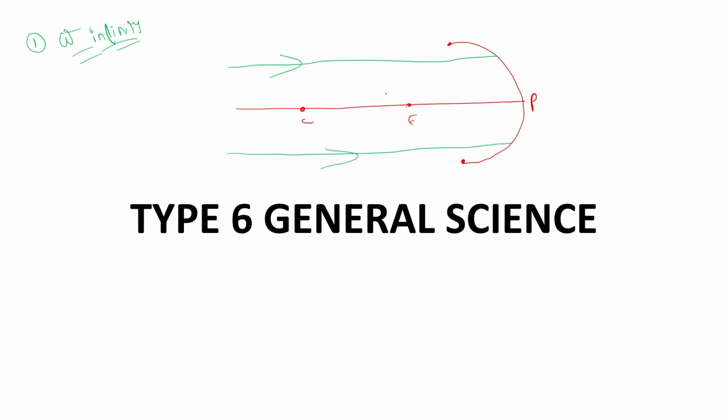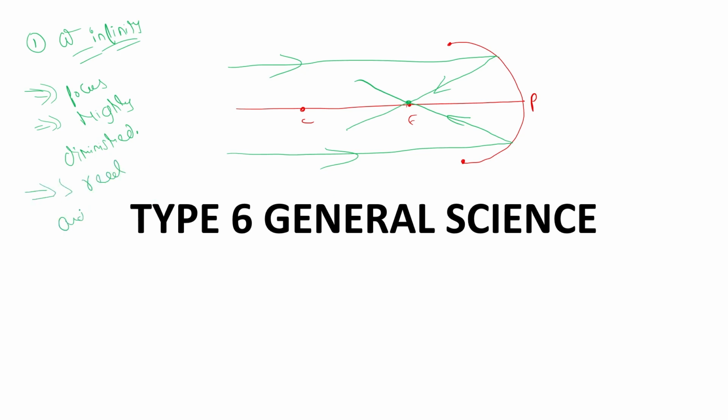After hitting the surface, the first ray will diverge, similarly the second ray will diverge, and the image will be formed at the focus. So remember, when the object is at infinity, the image will be at the focus. Second, it will be highly diminished. This is our first case, and it will be real and inverted.